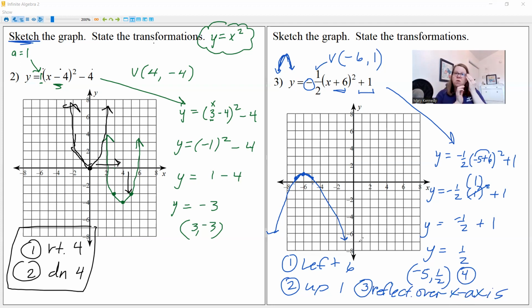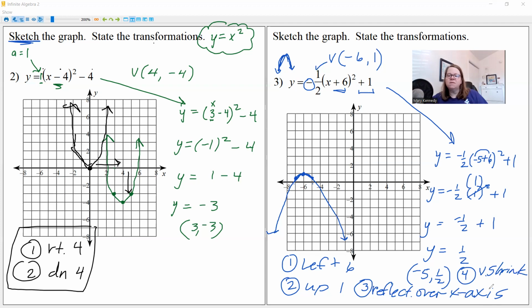If this number was greater than 1, like 2 or 3 or 4, then the graph would get taller and more narrow, and that's called a stretch. It's stretching it upward. This is shrinking it downward. So this is called a vertical shrink. Sometimes it's called a compression.